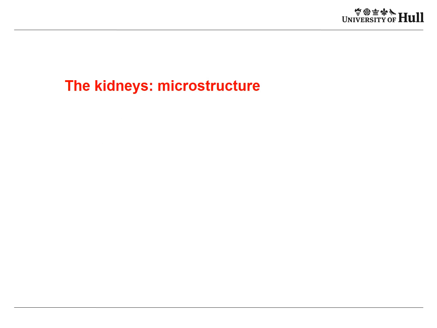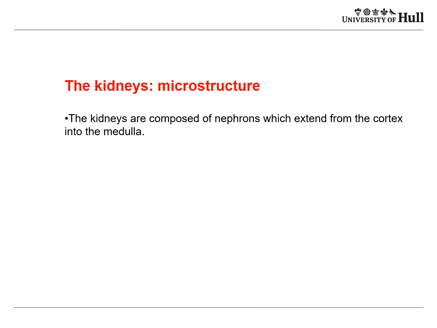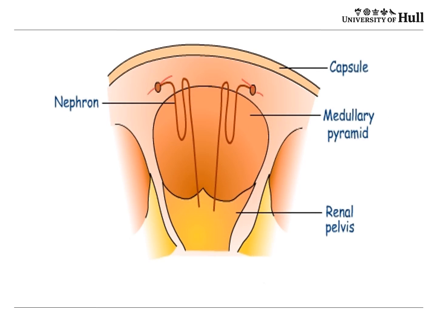The microstructure of the kidney is that it's composed of nephrons which extend from the cortex into the medulla. This diagram shows a nephron, shows the medulla of the kidney, which is identified by the pyramid there, which is the structure in which the nephrons sit and which gathers urine, directs it towards the ureter.